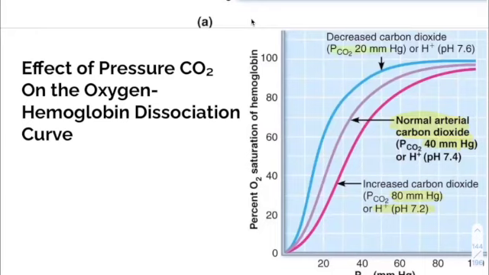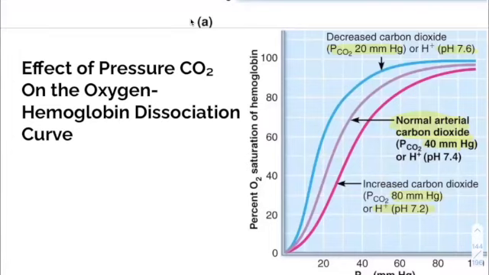But what if our pressure of carbon dioxide gets down to 20 millimeters of mercury, or our pH gets up to about 7.6? That increases the affinity of oxygen on that hemoglobin, so that hemoglobin doesn't want to let it go. So there's a lot of different factors that affect this, and they're sometimes pretty minute.